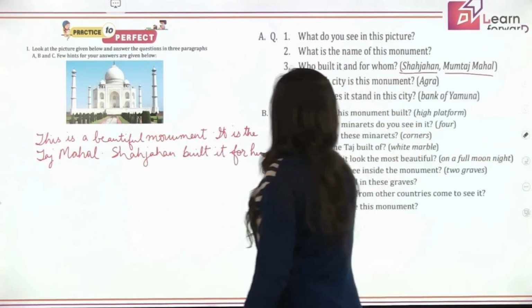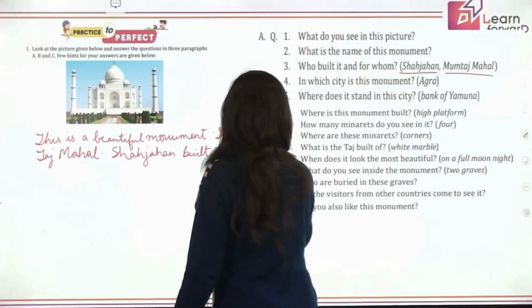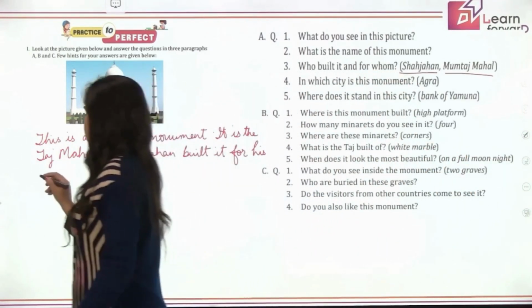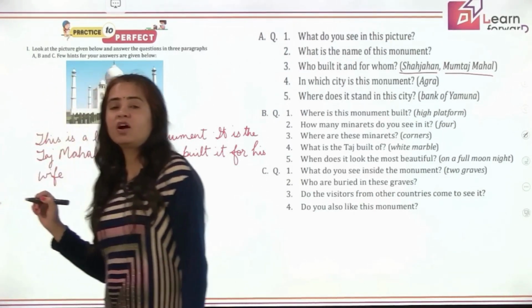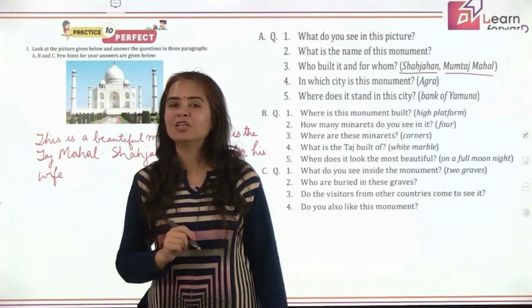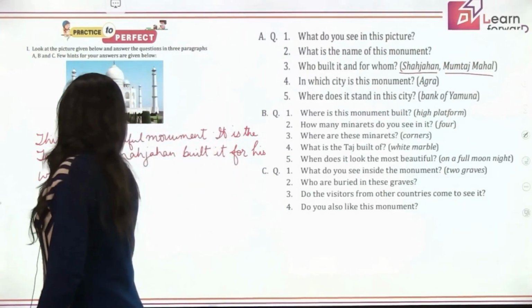Built it for his wife. And now, because we are going to write the name of his wife after it, which punctuation mark are you going to use? Good, comma.